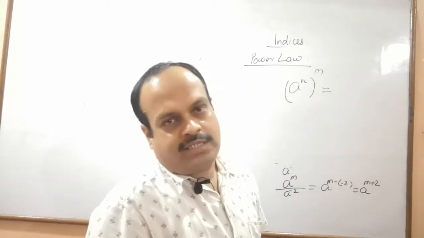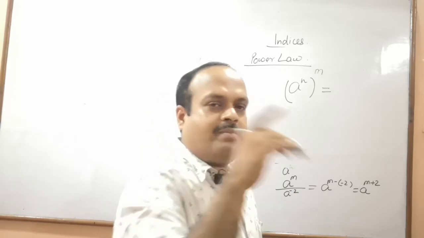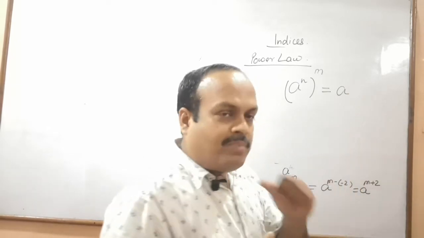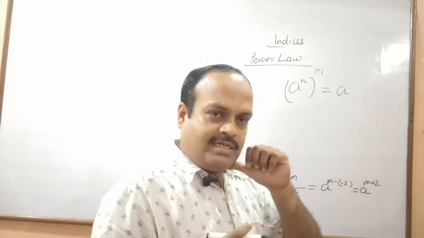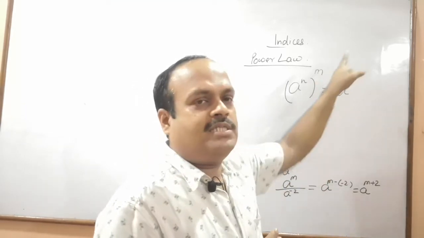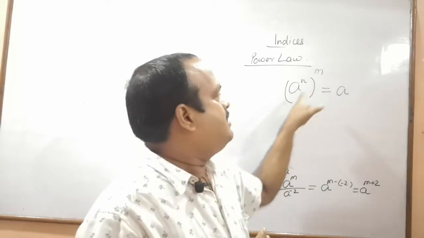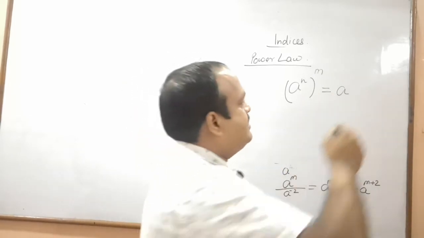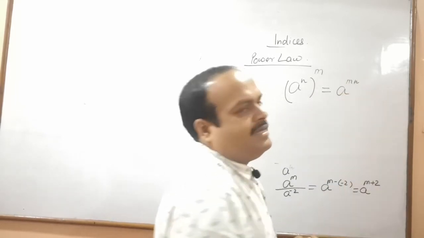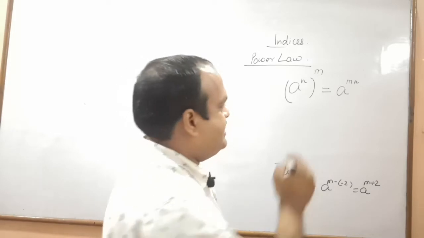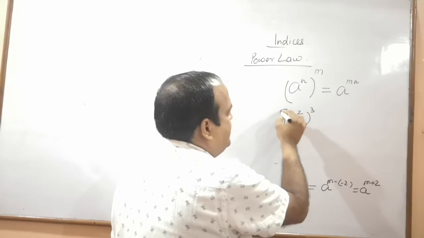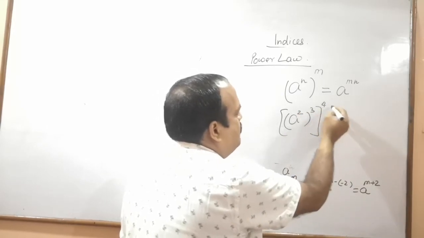to write the result, we keep the base the same as what we have here, but the power of this result is equal to the product of the powers used in this LHS. We have two powers, so m into n. Example: a to the power 2 raised to 3 raised to 4.